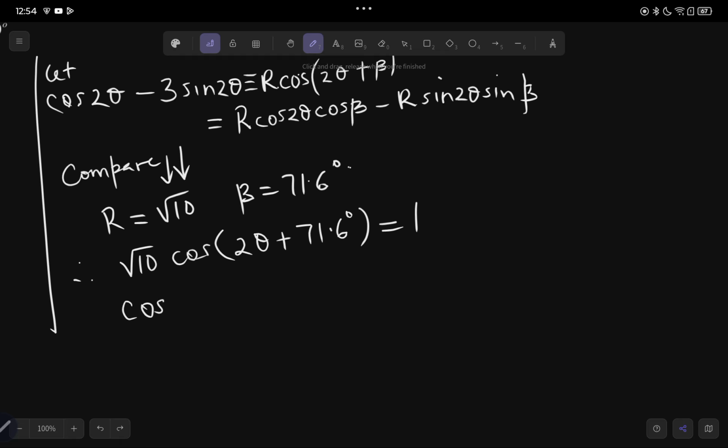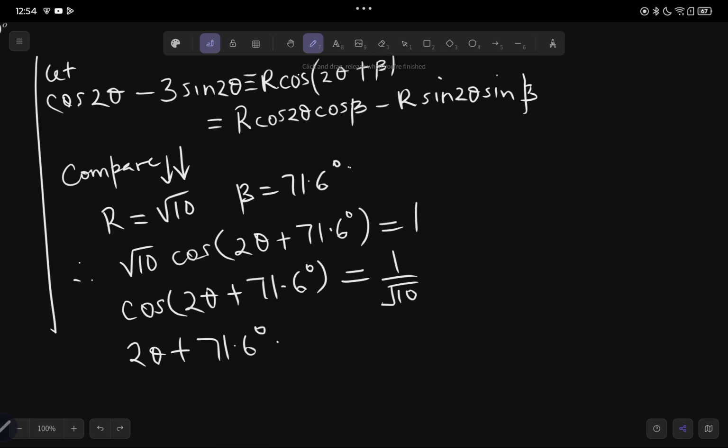Please make sure that you watch these videos in their order so that you can always find yourself when we refer to the previous episodes. Cos of 2 theta plus 71.6 degrees is 1 over root 10, which means 2 theta plus 71.6 degrees is cos inverse of 1 over root 10. That's why I picked interest in this question. It is because of this range here.